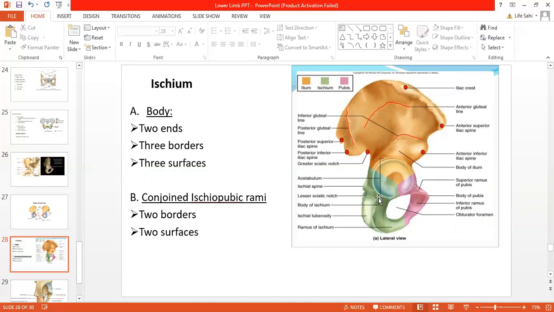Lower end forms the ischial tuberosity. This big, thick, and strong part of the ischium is called ischial tuberosity. A very interesting fact about the ischial tuberosity is that we sit on this ischial tuberosity.